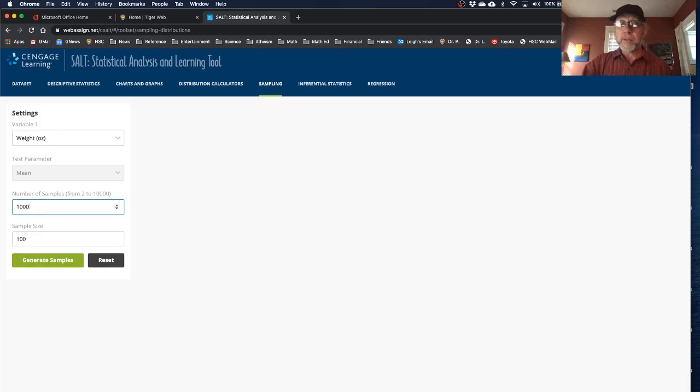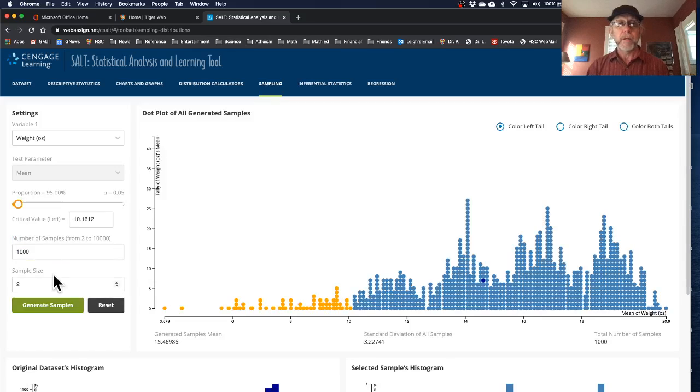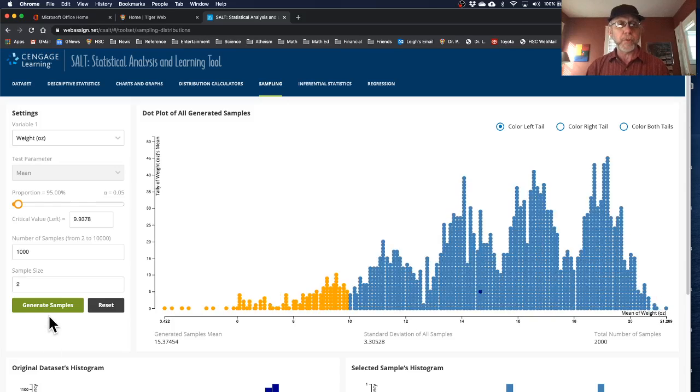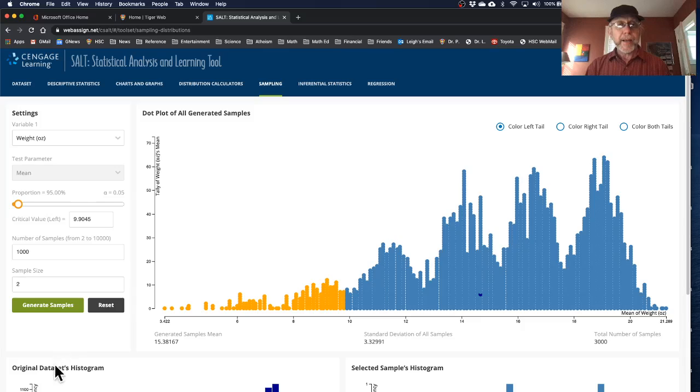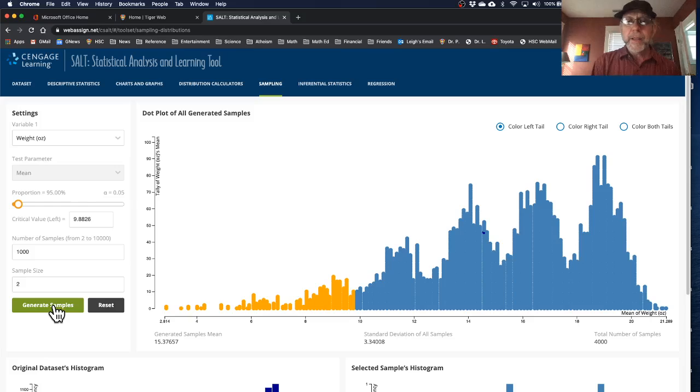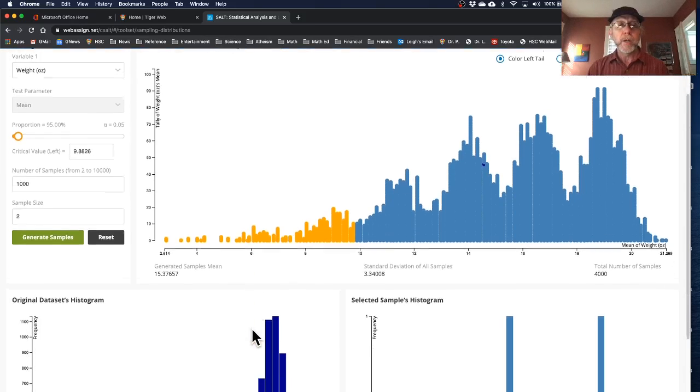So I'll start out in the same way as before with samples of size 2, and I'll generate 1,000 of those at a whack. So here's samples of size 2 from that distribution. Here, you can see that there's some kind of trace of the population distribution in the sampling distribution of xBar when the sample size is as low as 2.